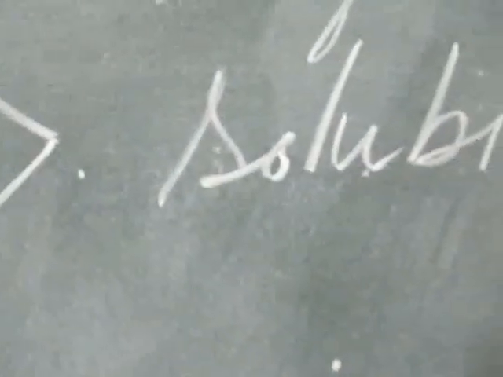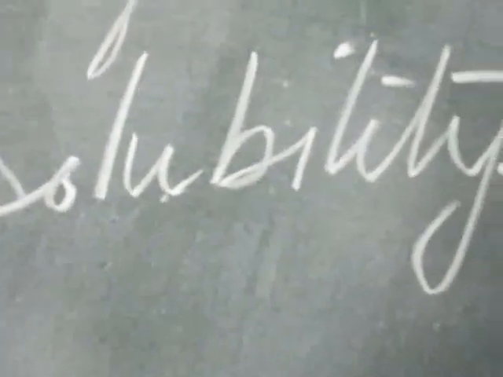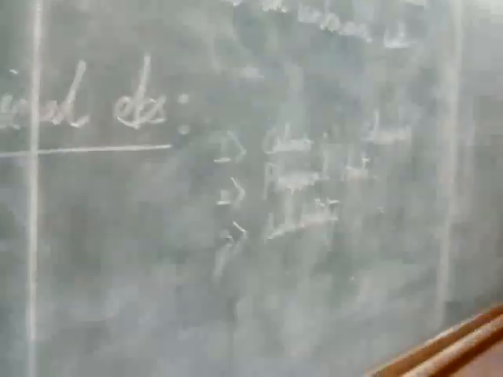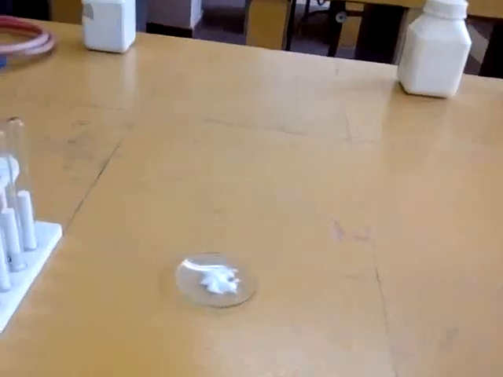So here you can write colorless. Then physical state. What is the physical state of this salt? If your salt has a definite geometrical shape, like salt or sugar structures, then it will be crystalline.